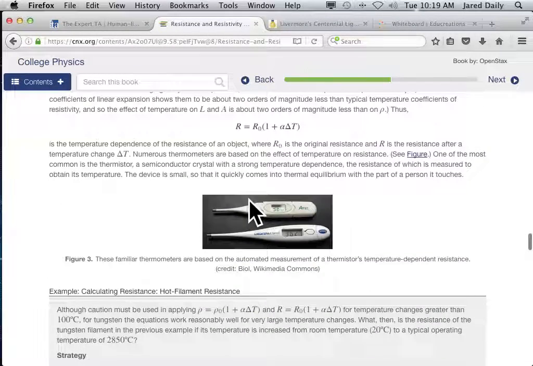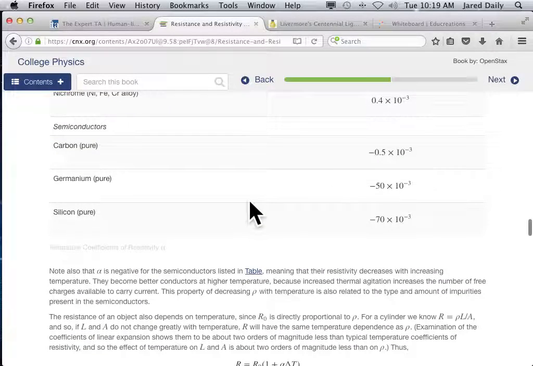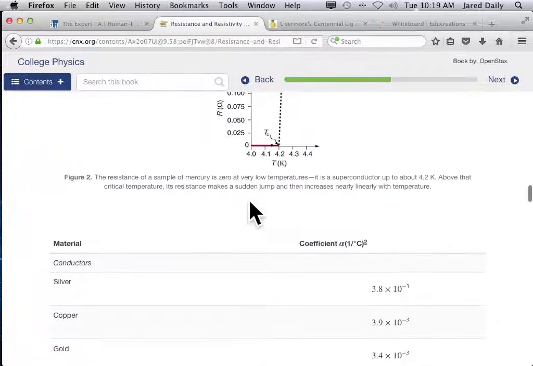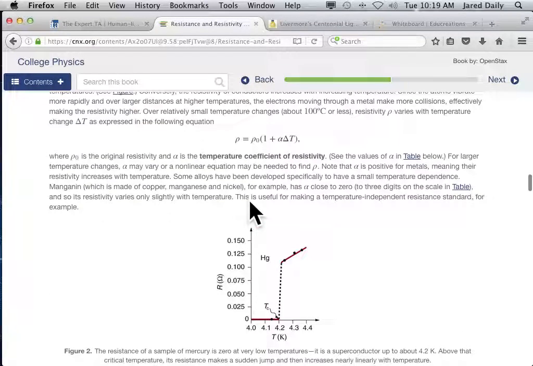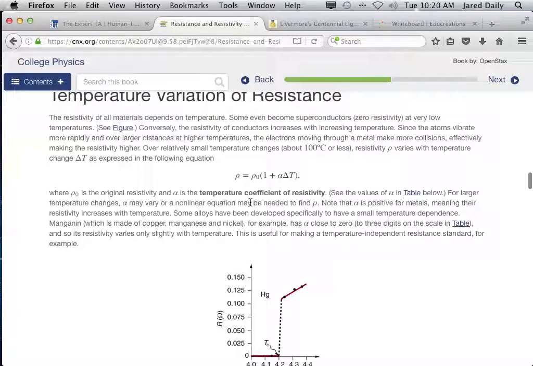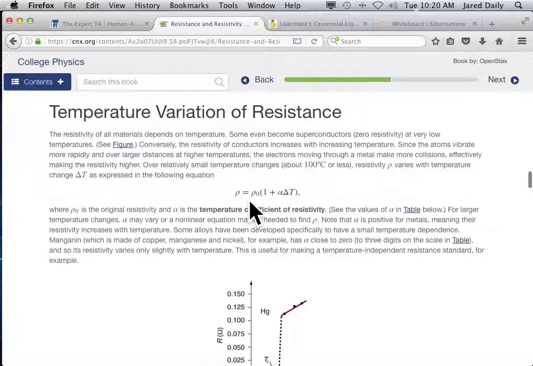What's the standard temperature? Standard temperature is, I believe, 0. Let's see here. In some situations, standard temperature is 0.